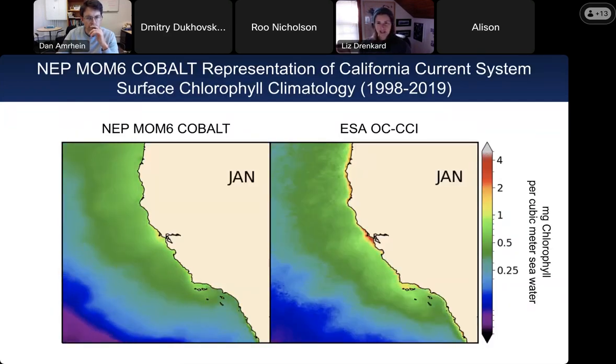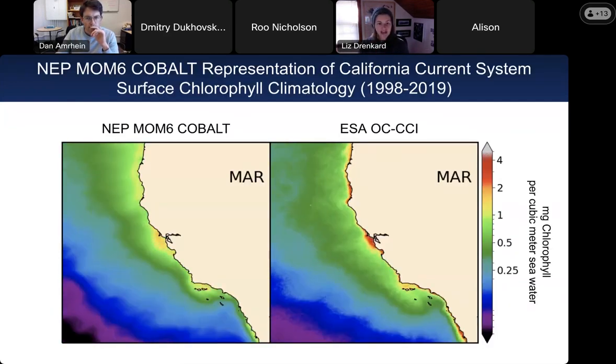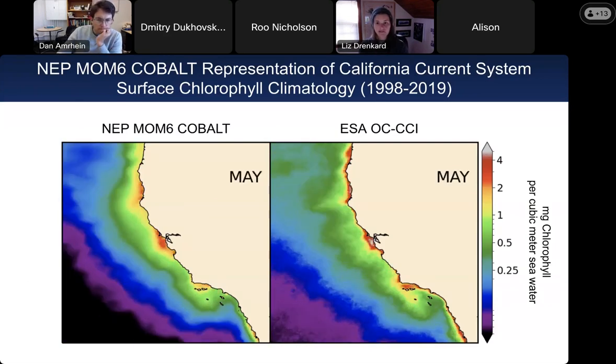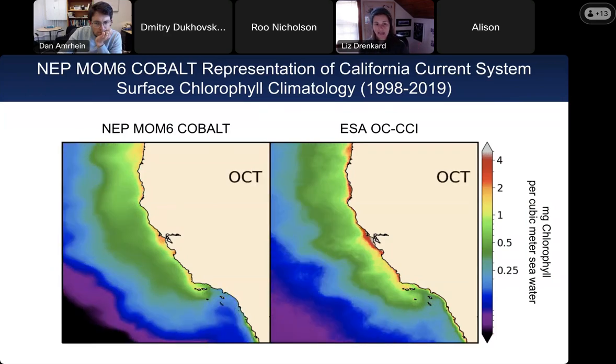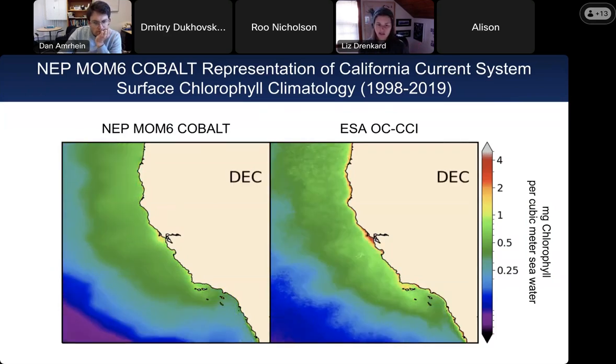And then I think this is my last slide. This is looking at chlorophyll in the California Current system. Again, it's an important aspect of our upwelling system that we have on the West Coast.